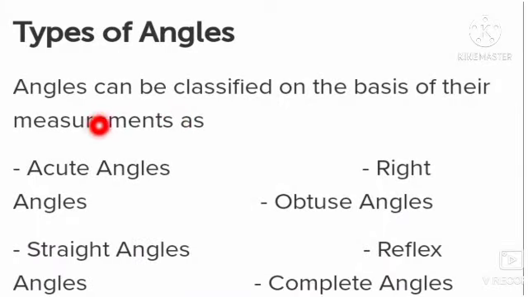Types of angles. Angles can be classified on the basis of their measurements as acute angles, right angles, obtuse angles, straight angles, reflex angles, and complete angles.